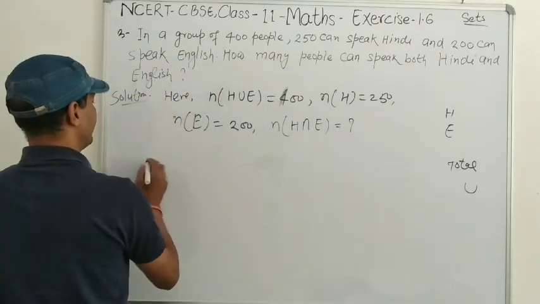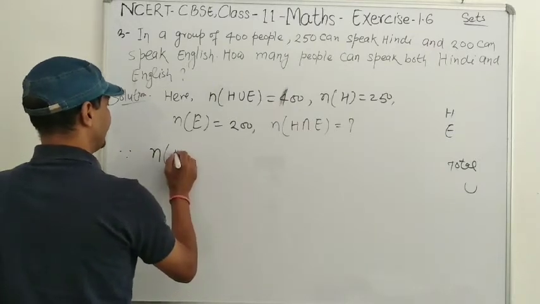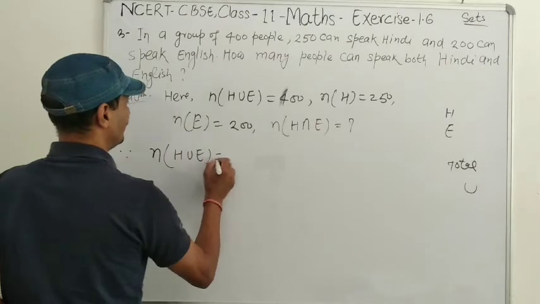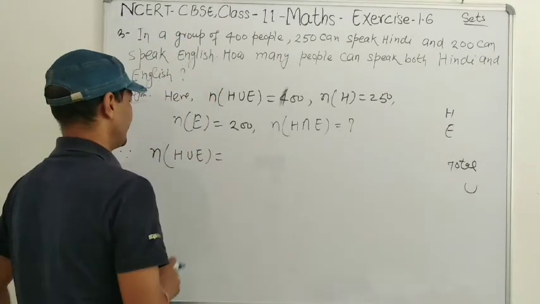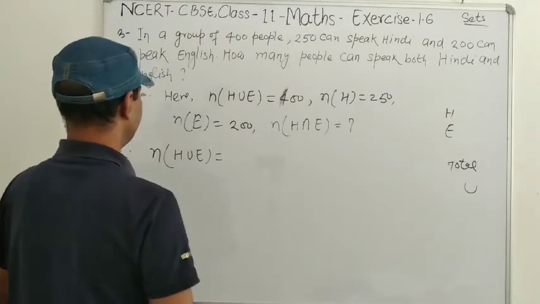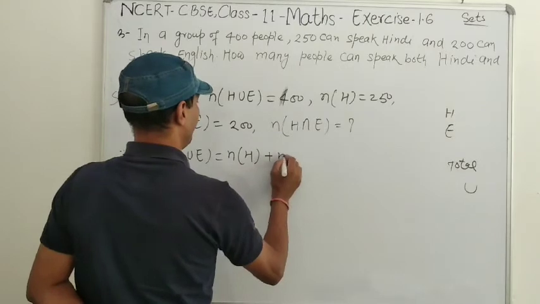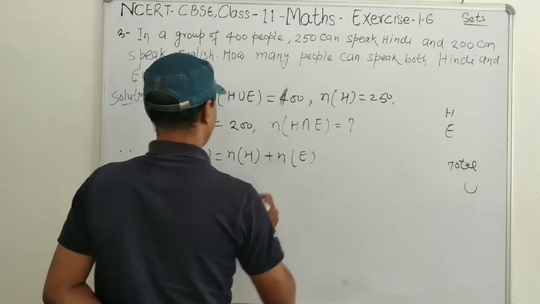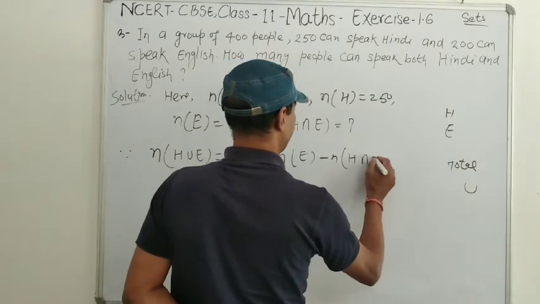Here we know the formula, like X and Y, but here H and E are the sets. So n(H union E) equals n(H) plus n(E) minus n(H intersection E).